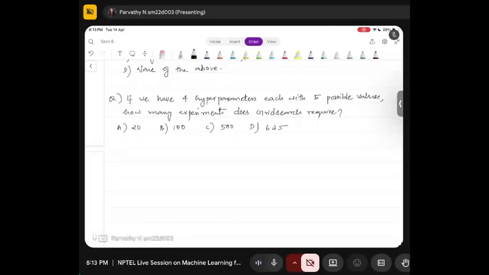Yeah, so each one has five possible values. So 5 into 5 into 5 into 5, which is 625.